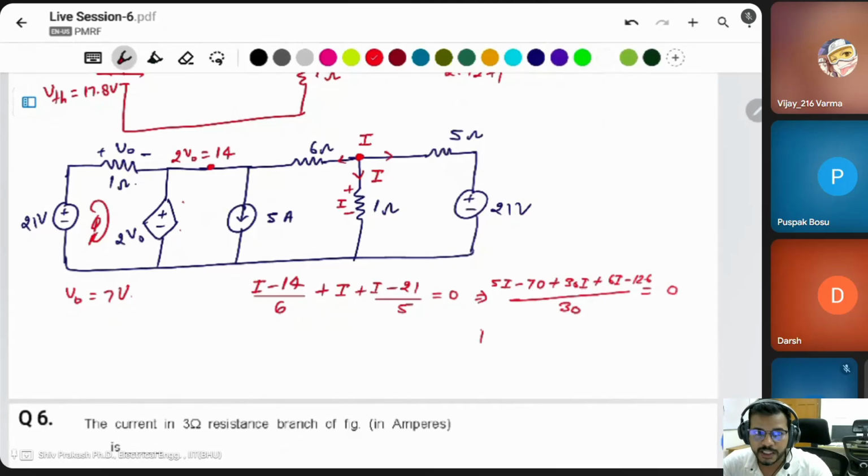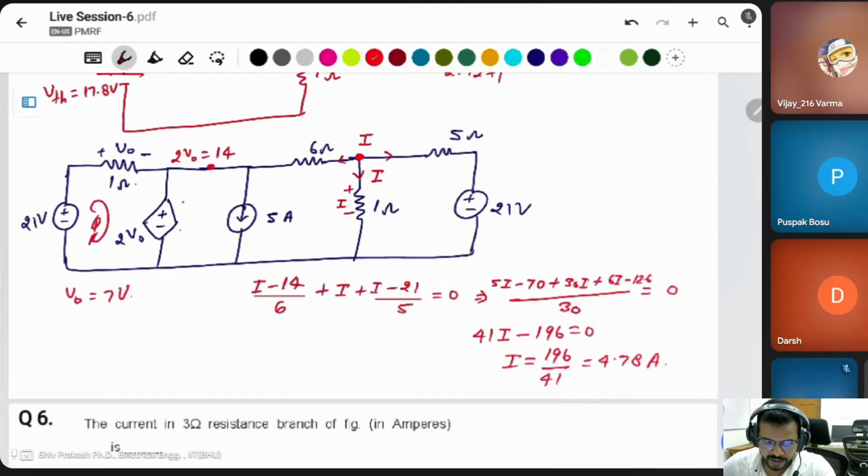Suppose the Thevenin theorem is mentioned in the question, then how can you find it? Simply apply KVL. Same question, if Thevenin is not mentioned in the question, then for the same question I will get another solution.